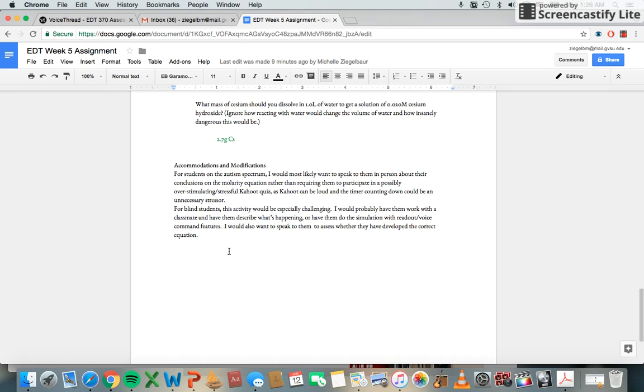And I think this would especially pose a challenge for any blind students because it's all very, very visual based. The entire simulation is visual. You can't really tell what's going on. There isn't a good way to do it tactile, I don't think.